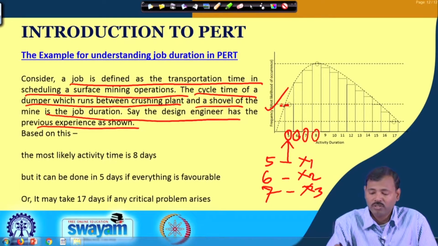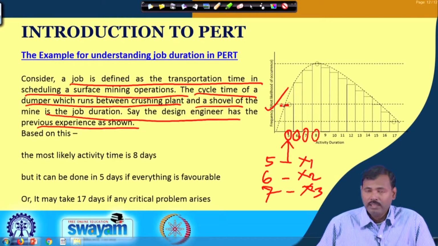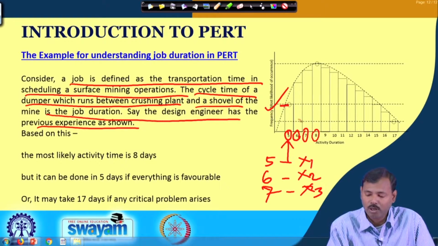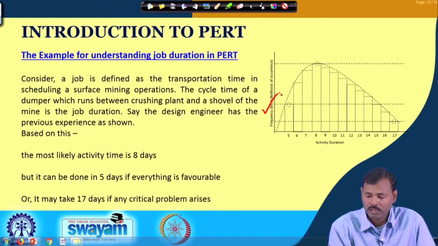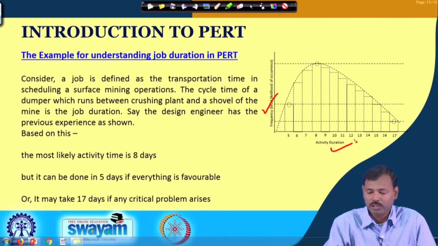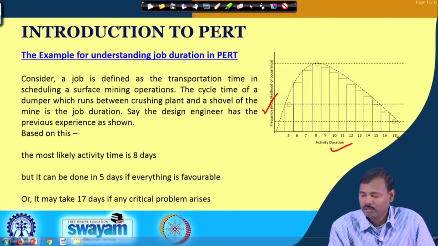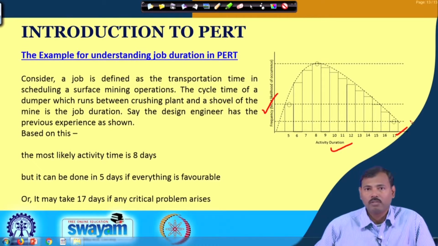Like that, frequencies are considered and we have plotted the frequency against the actual duration. The longest is 17 minutes; maybe the crusher jammed, or something happened to the dumper, or the dumper waited a long time in front of the shovel.